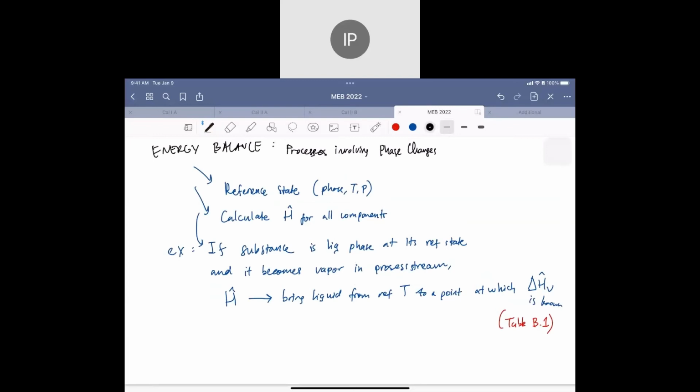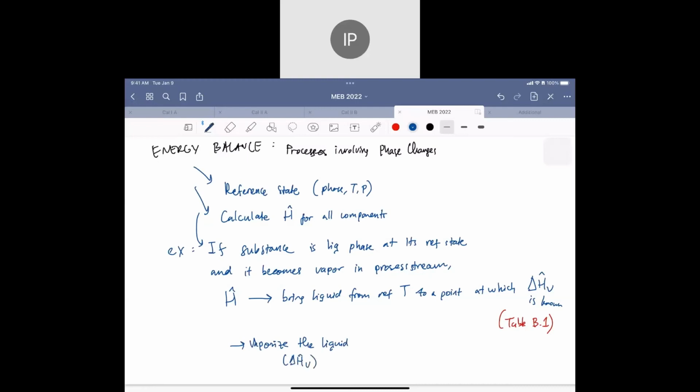And after we bring this to a point, for example a boiling point, we vaporize the liquid, which means using the heat of vaporization.